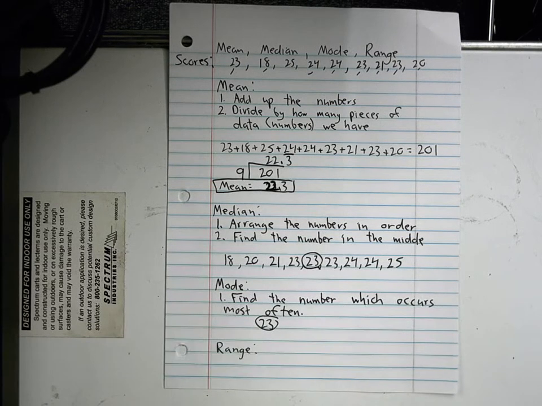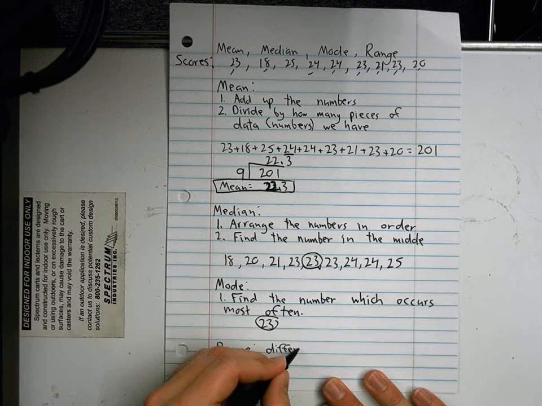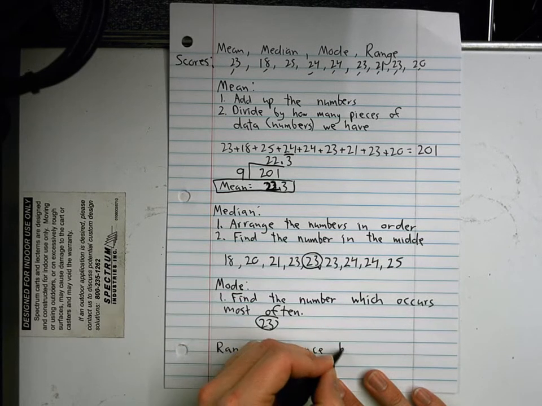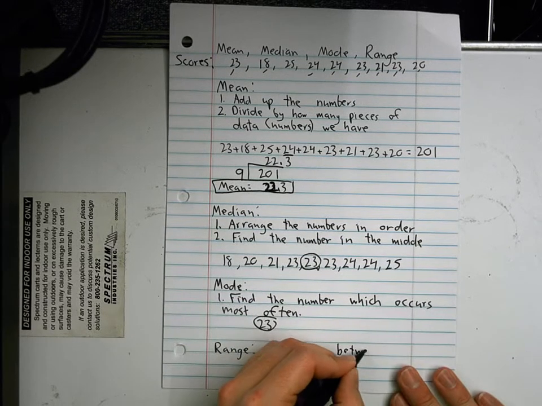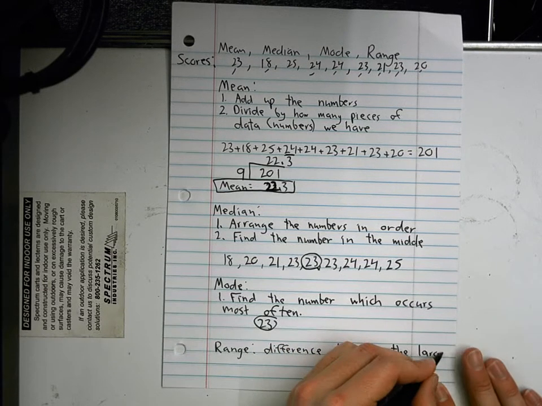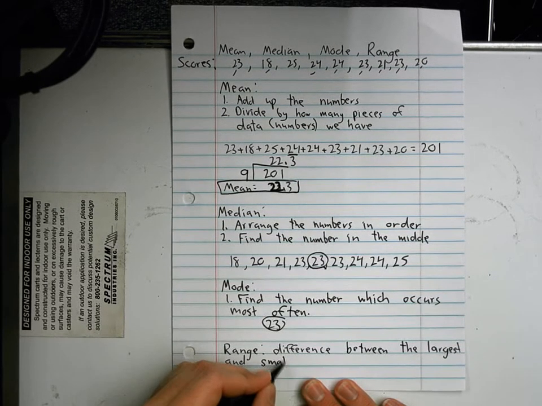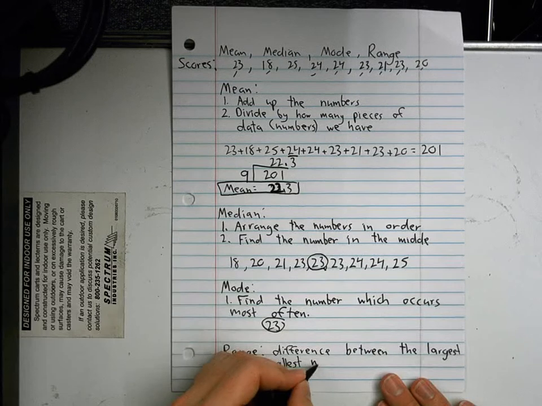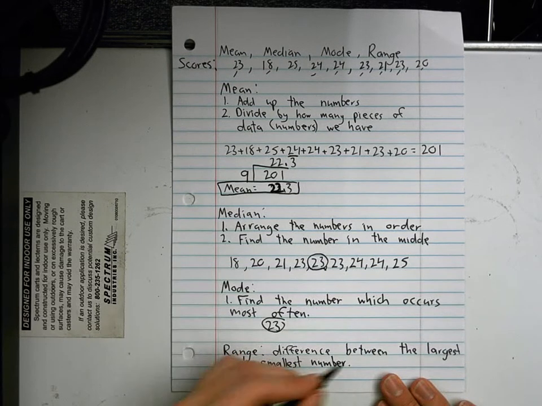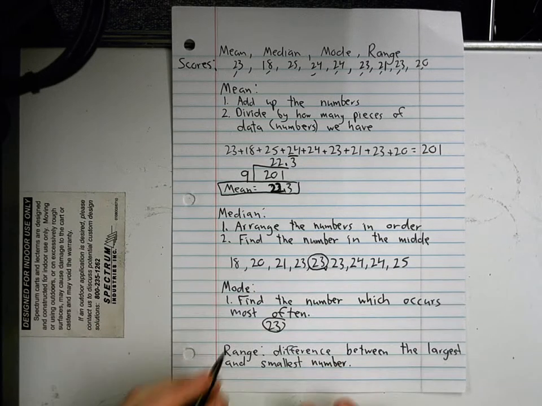Who knows what the range is? Yeah, it's the difference between the largest and smallest number. So in our data set, what's the largest number? 25.